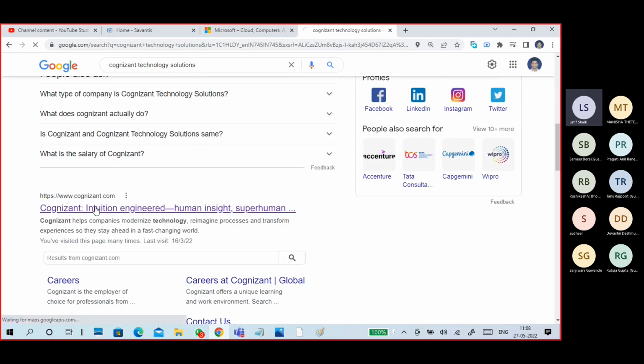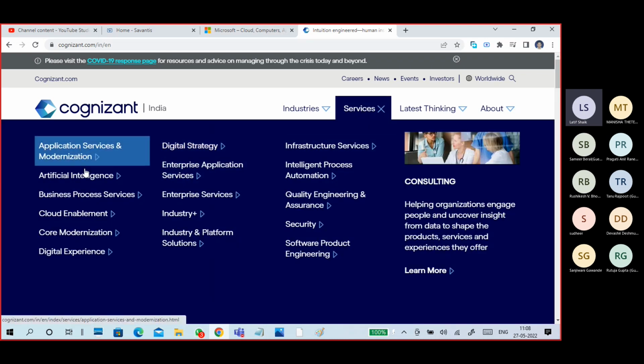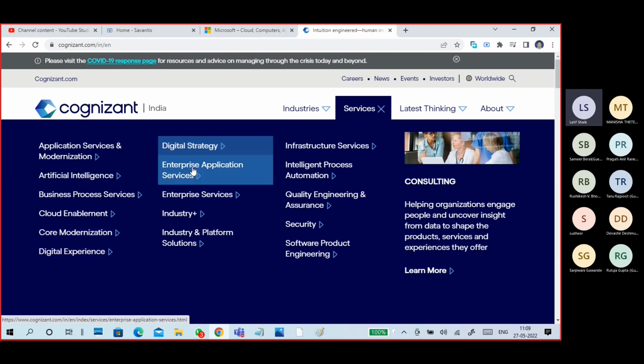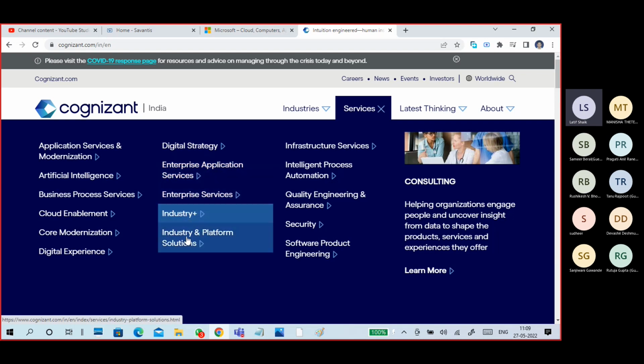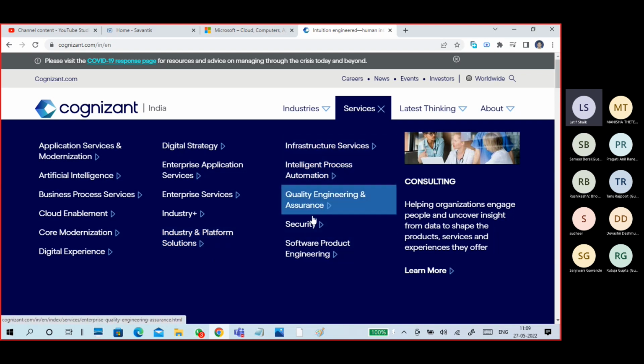Next, Cognizant. You can see the Cognizant company. What services are there? Artificial intelligence services, application services and modernization, business process services, cloud enablement, core modernization, digital experience, digital strategy, enterprise application services, industry platform, infrastructure services, intelligent process, quality engineering, security, software product engineering.